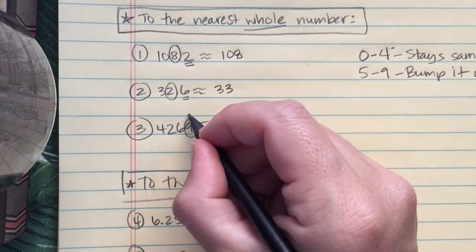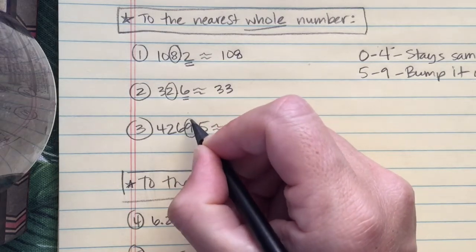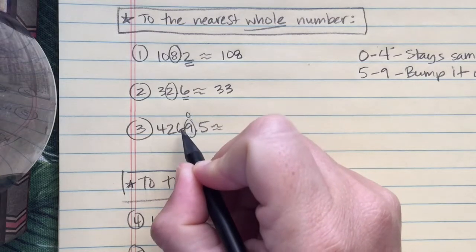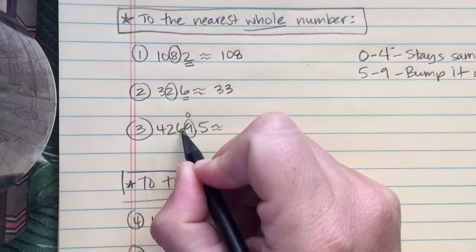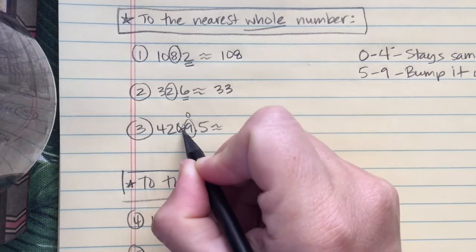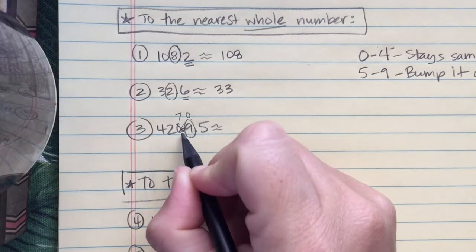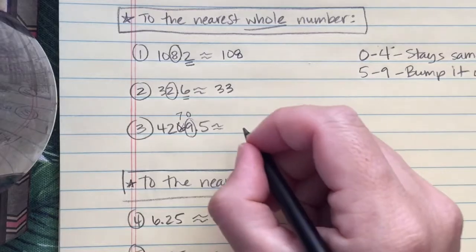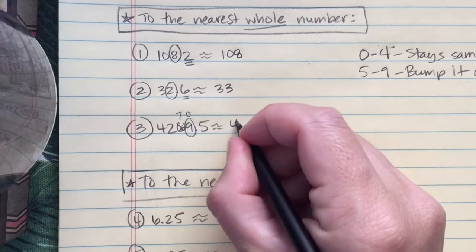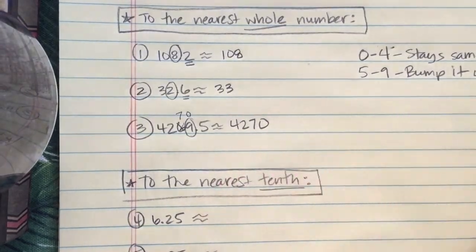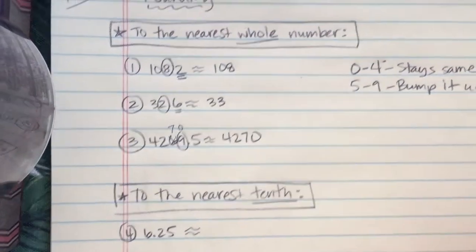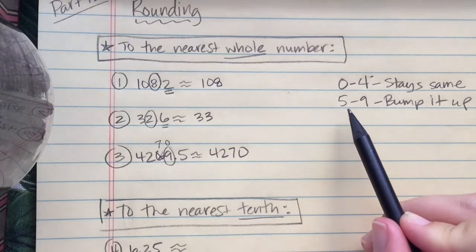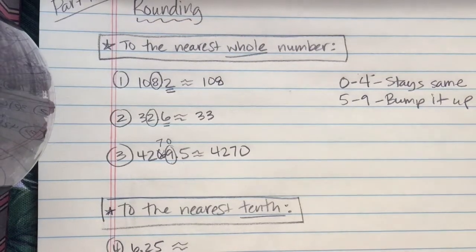You would bump it up to the next number up, which would be 0. But if you bump it up to 0, you also have to accommodate for that with the next digit over. That would become a 7. So you basically went from 69 to 70. So this would round up to 42.70. So if the digit is between 0 and 4, it stays the same. Between 5 and 9, you bump it up.